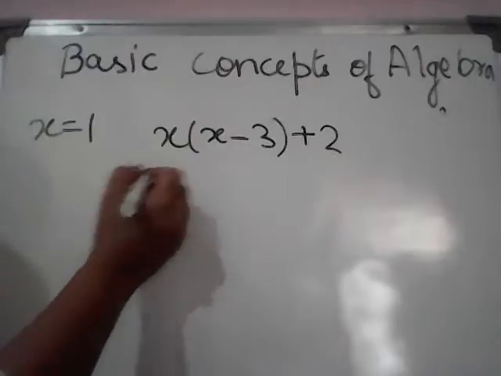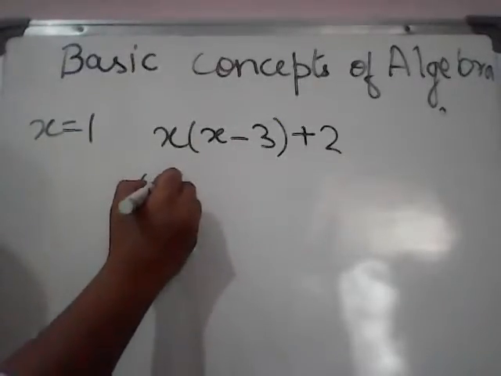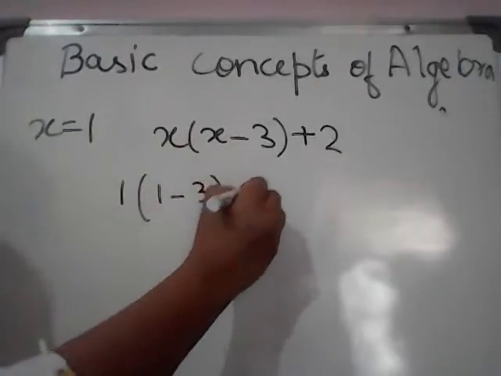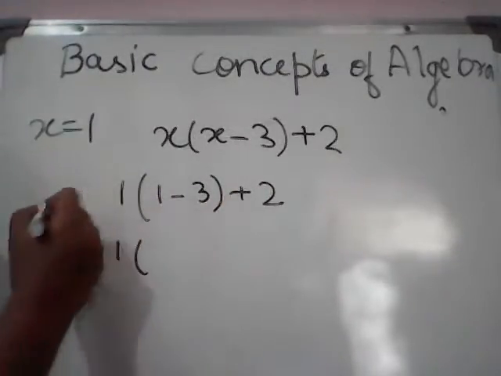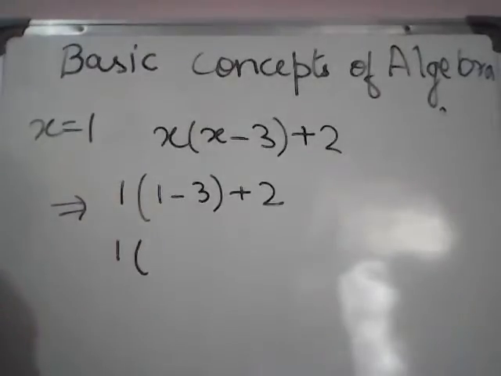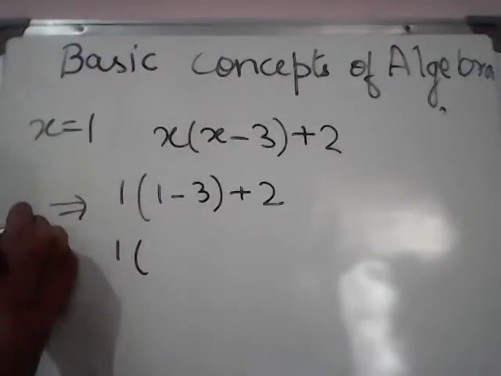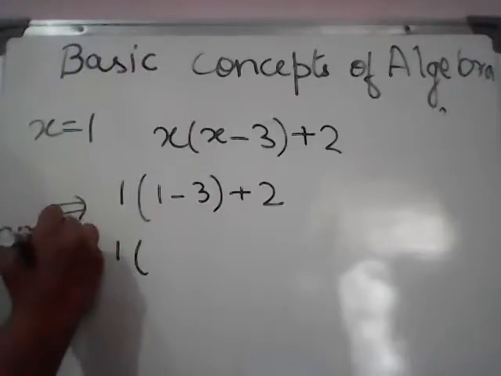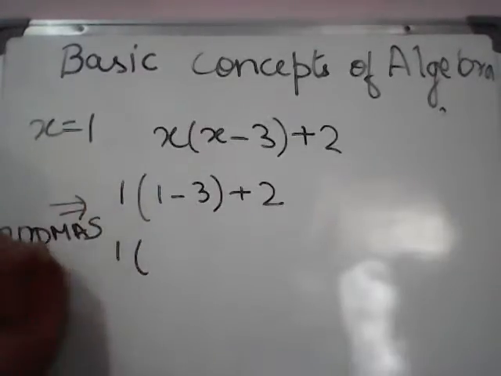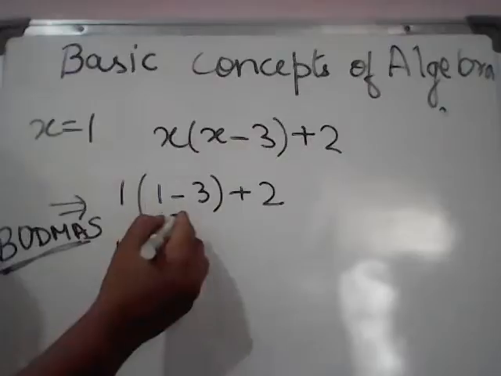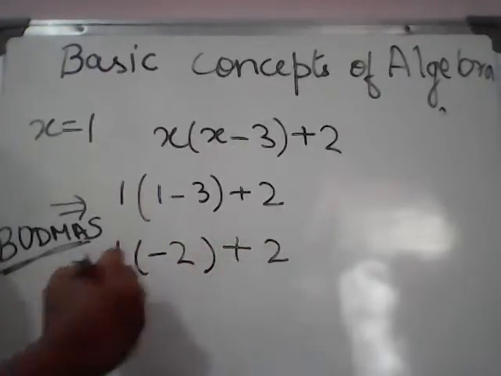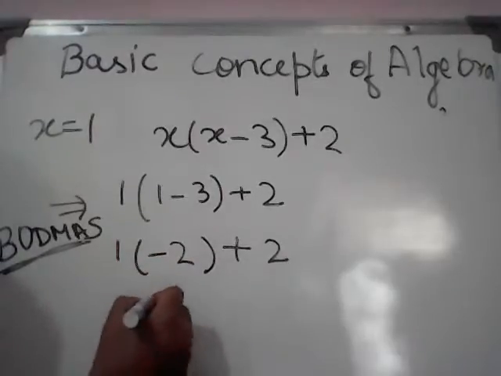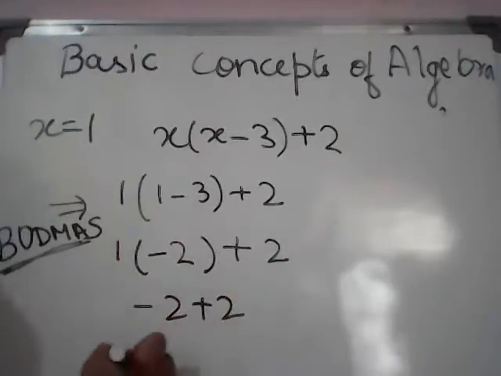Putting x is equal to 1 here, 1 minus 3 plus 2. Here we will use the BODMAS rule. Watch my video on BODMAS for this, and you'll be able to solve these types of expressions easily. Minus 2 plus 2, so we get 0. Right?